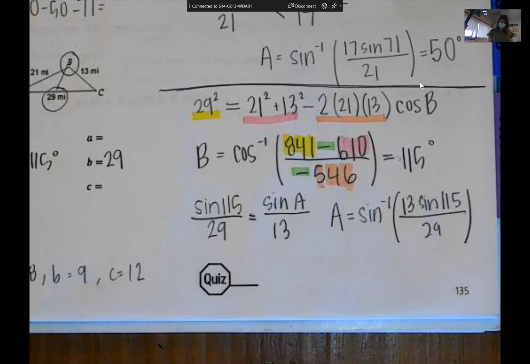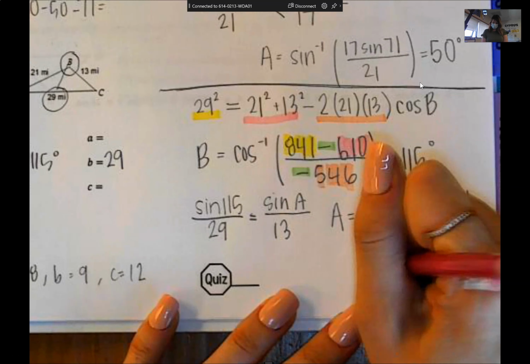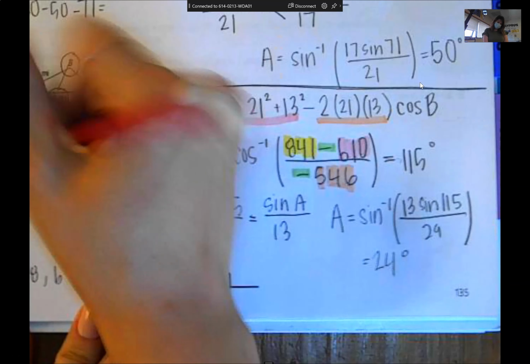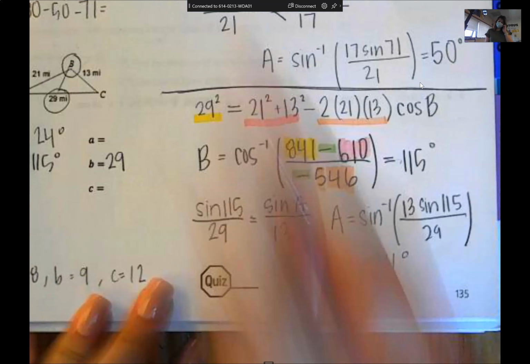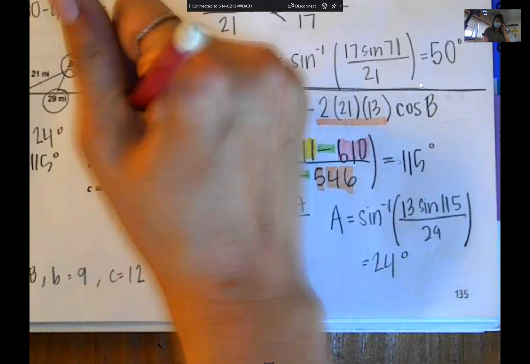Okay, so I'll check you. Sine inverse of 13 sine 115 over 29. I got 24. That was A, and A's matching side was 13.